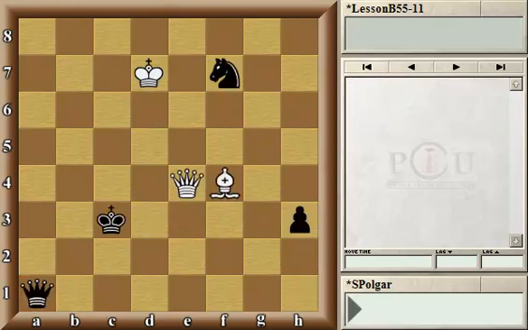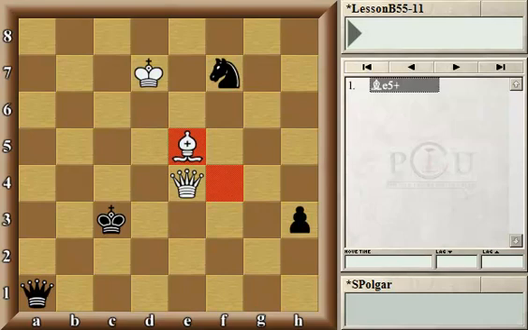So going back to this position, the idea here is making sure we give the skewer with the less valuable piece, and then after the exchange, bishop for knight, only our queen gets to the same e5 square and captures the queen for free.